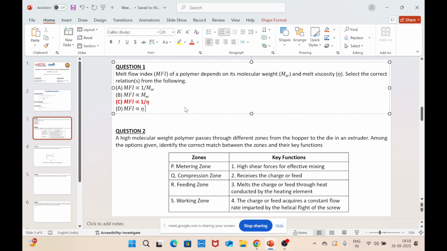So there also it's going to be inversely proportional. Am I right or wrong?